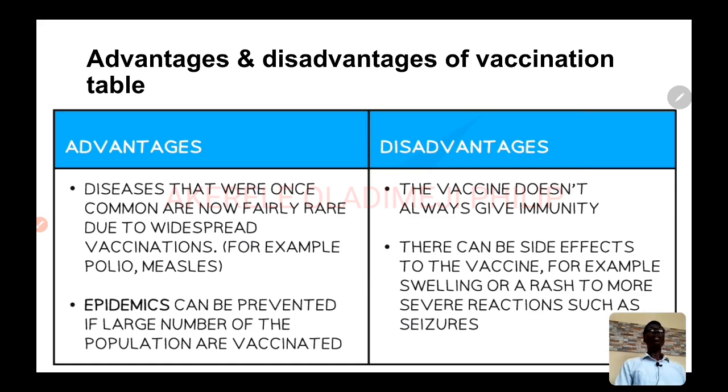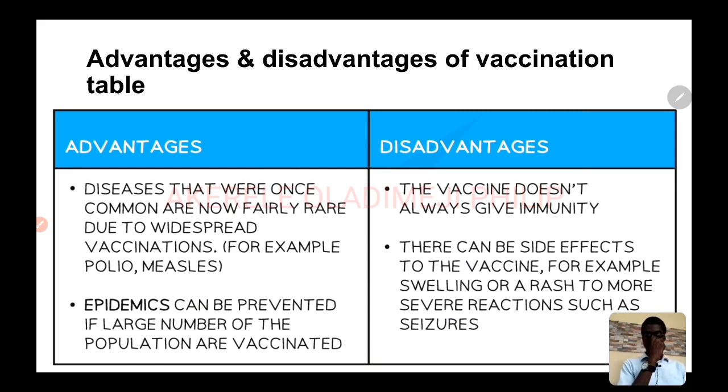Sincerely, here in Africa, polio has been one of those serious cases. But with the advent of vaccination over the years, over decades, some younger generation doesn't even know something called polio because you hardly see it around. Now, the disadvantage here is that sometimes vaccines might not work. Sometimes it might not even give the immunity we tend to get.